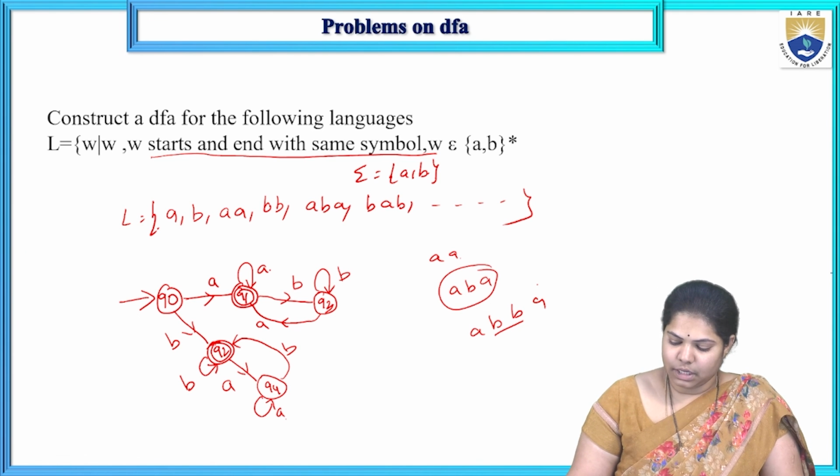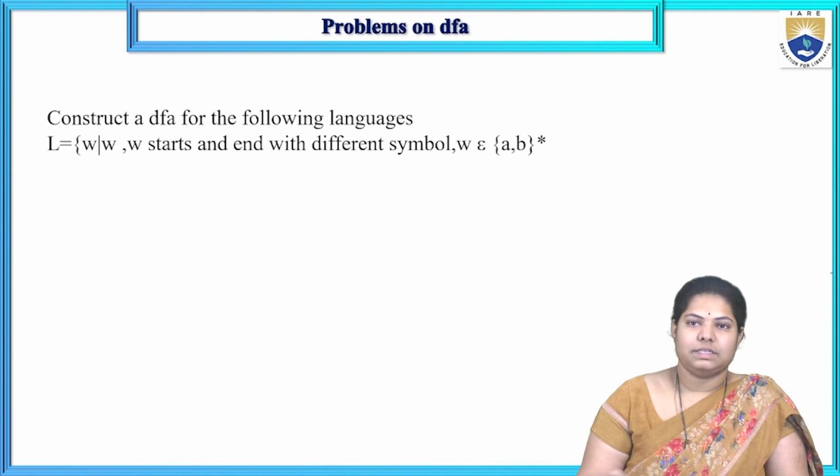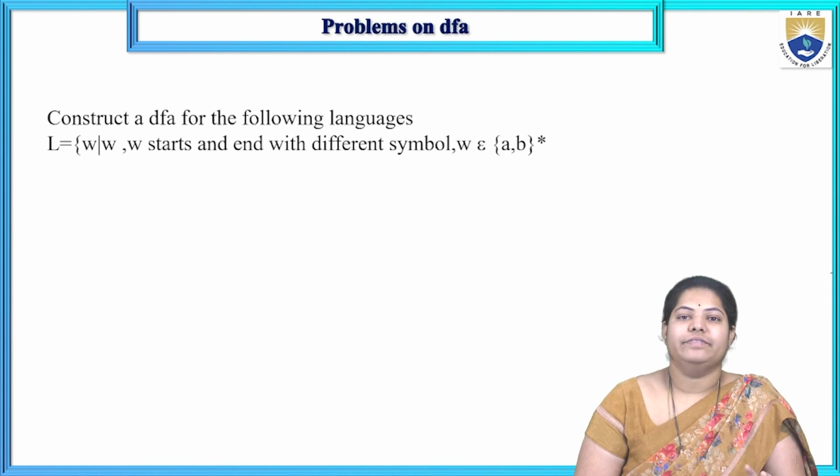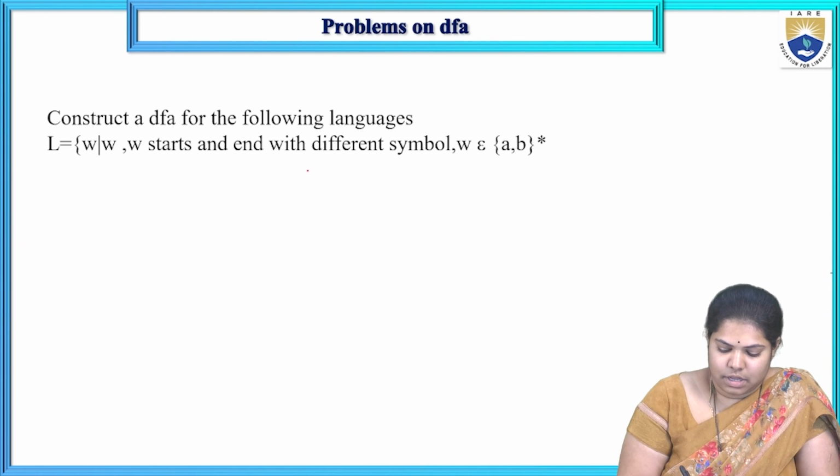Okay, the similar question here, what is the question? Starts and ends with the same symbol. And the next question is starts and ends with the different symbol. So here, what are the possibilities?